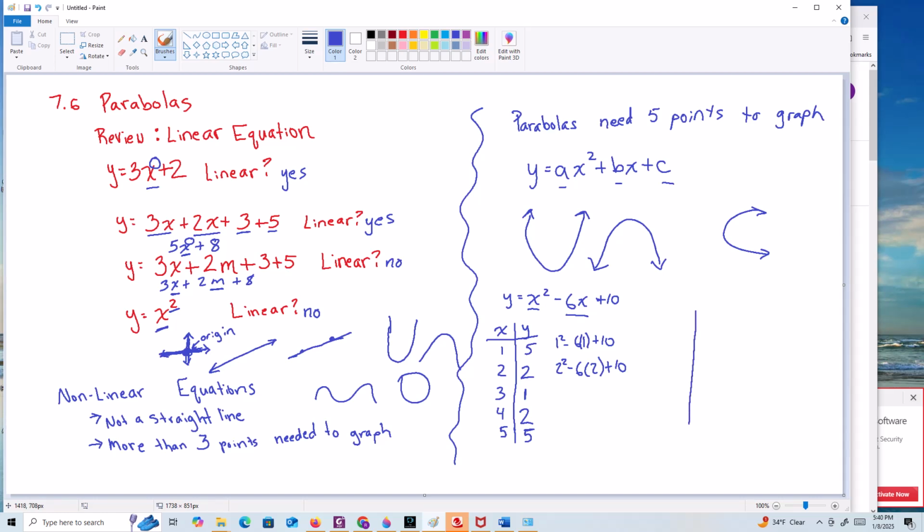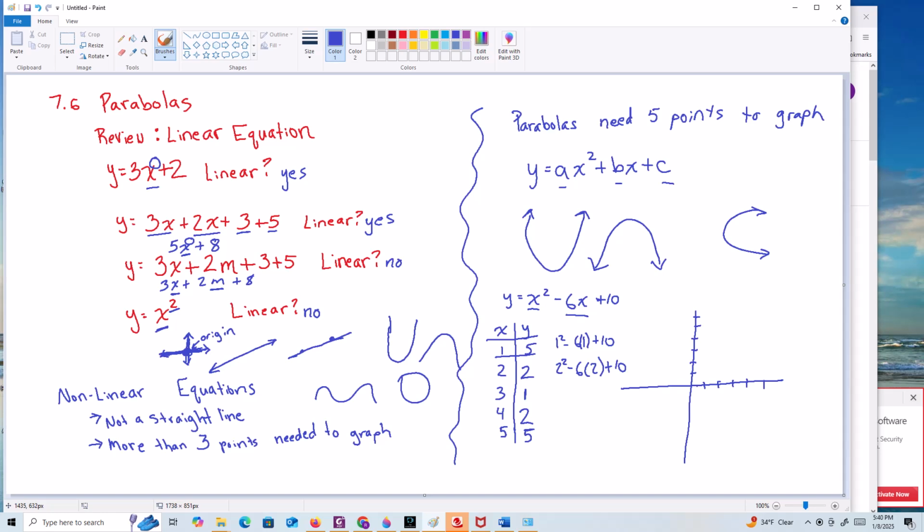So you draw your Cartesian plane, your xy axis. 1, 2, 3, 4, 5. 1, 2, 3, 4, 5, 6. All right. So my first set of points is 1 and 5.